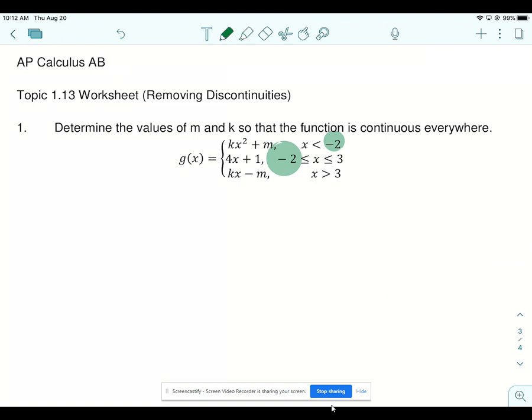So let's start with the negative 2. So we need the limit as x approaches negative 2 from the left of g of x to equal the limit as x approaches negative 2 from the right of g of x. Right, so same thing we just did, take that negative 2, plug it in for x.